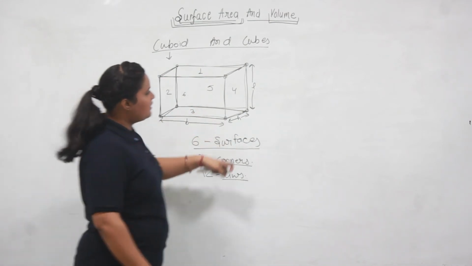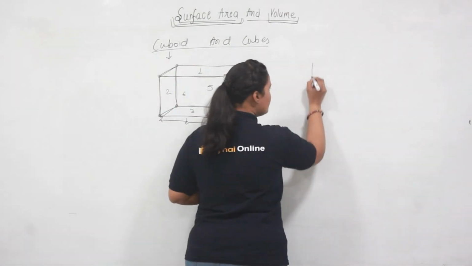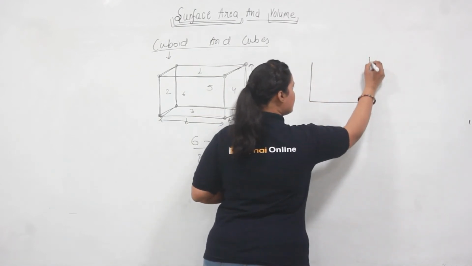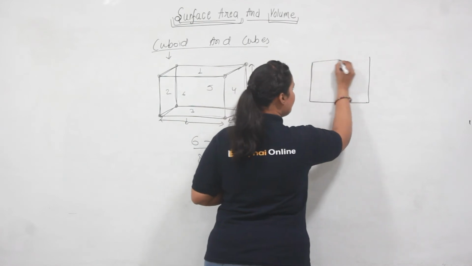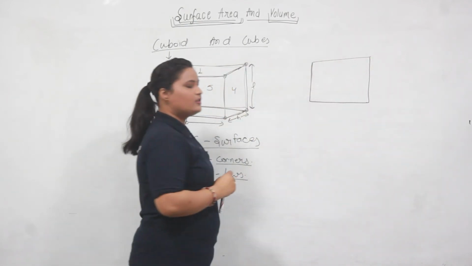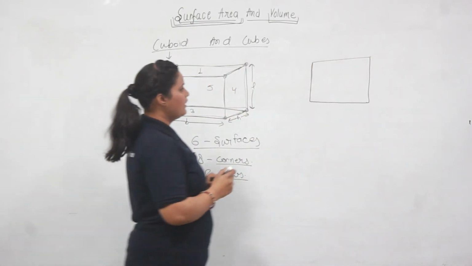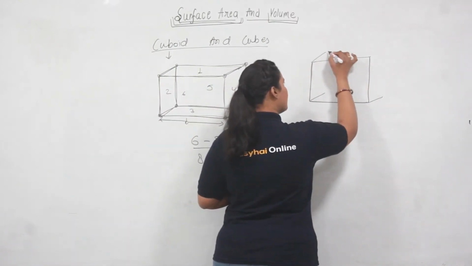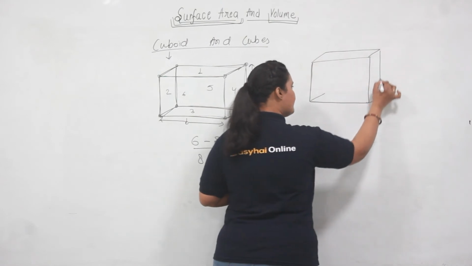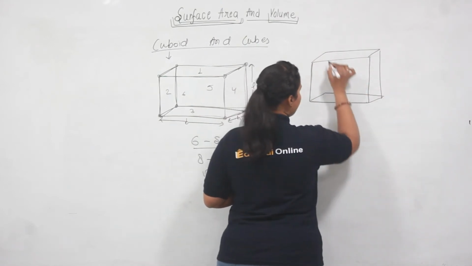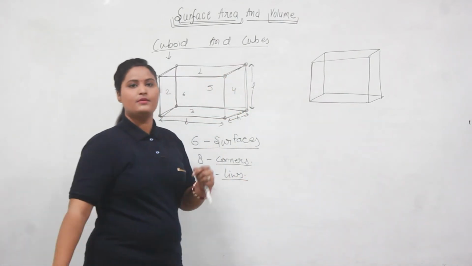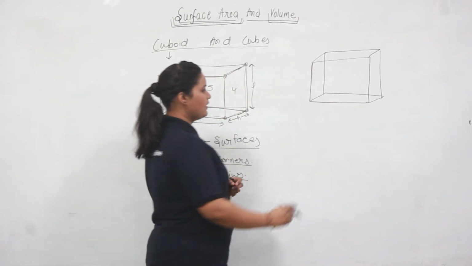Similarly, this is a cube. What are the similarities between cube and cuboid? First of all, it is also 3-dimensional, but with only one difference. It has 3 dimensions, but all its dimensions are equal.